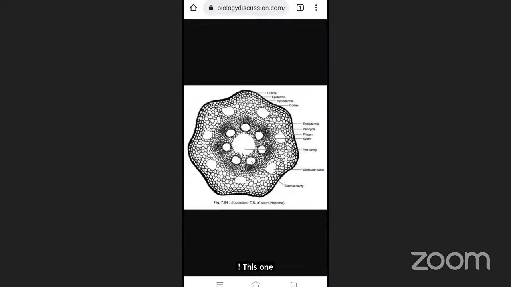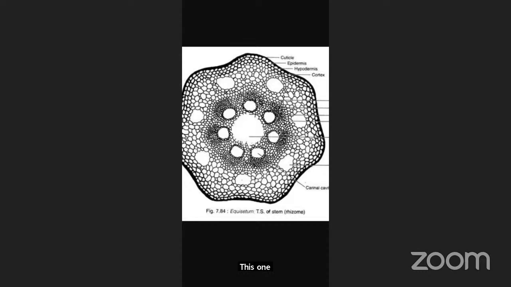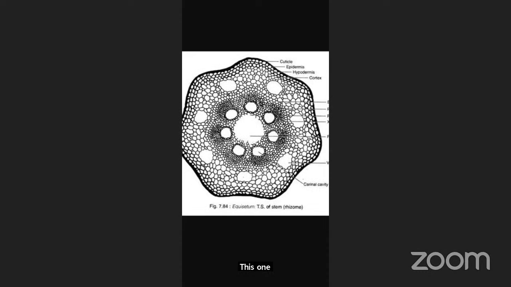The stem of Equisetum is naturally cladode-like, meaning the whole plant is involved in photosynthesis. Chlorophyll pigments are also there, so the stem is involved in photosynthesis. They are totally green in color.